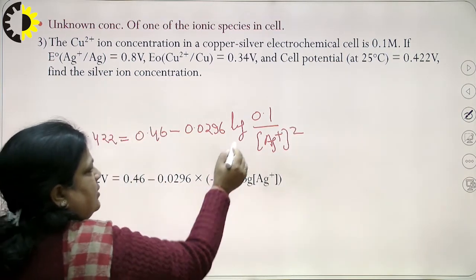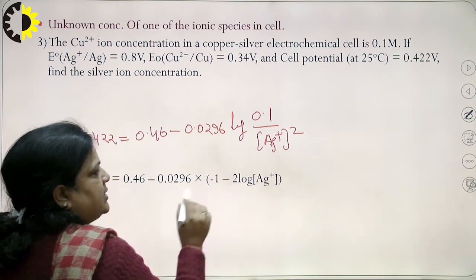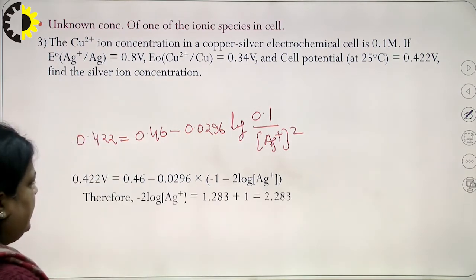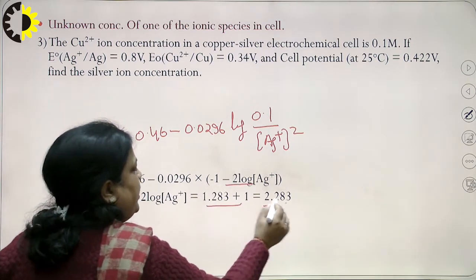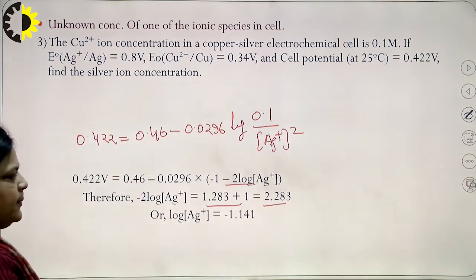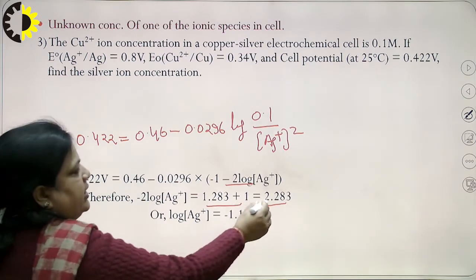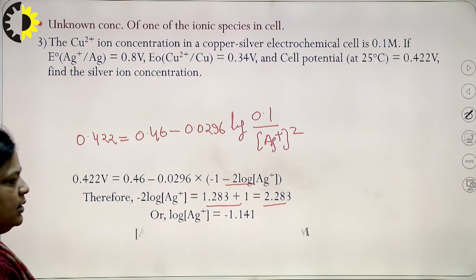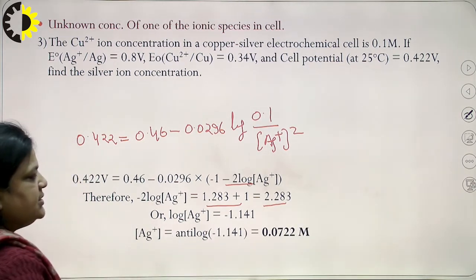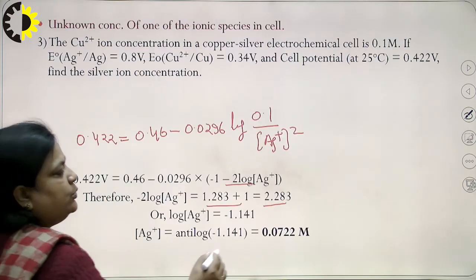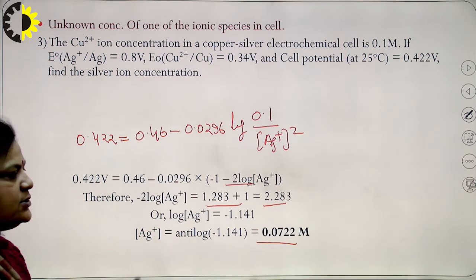So, 0.1 log of 1 by 10 is minus 1, minus 2 log Ag plus, and then minus 2 log Ag plus will be 2.283, that is log Ag plus is equal to minus 2.283 divided by 2, which is 1.141. So, Ag plus will be the anti-log of this, which is 0.0722. So, the answer is 0.0722.